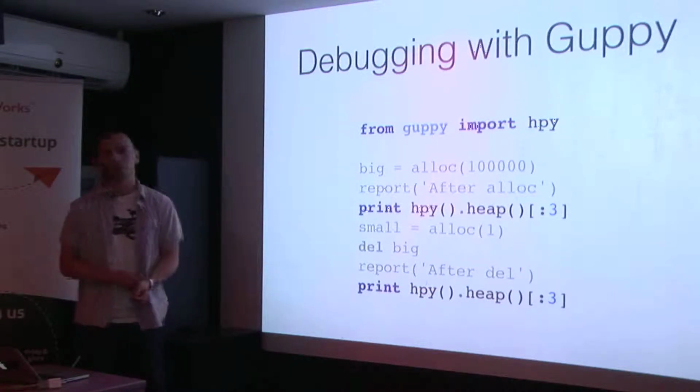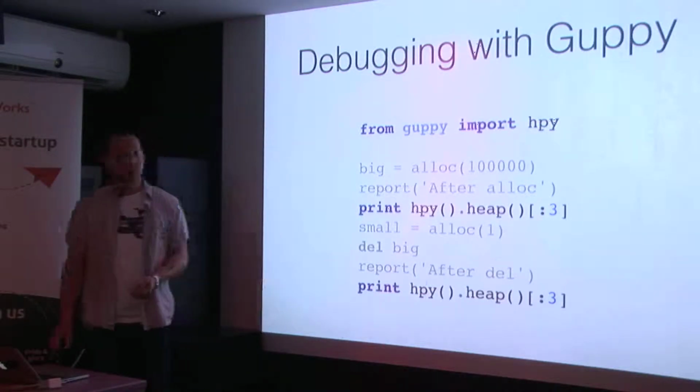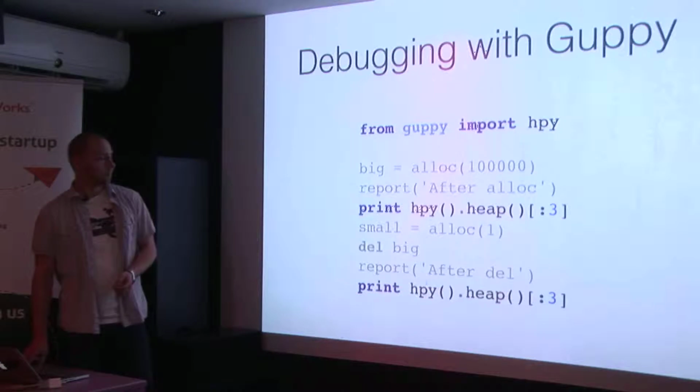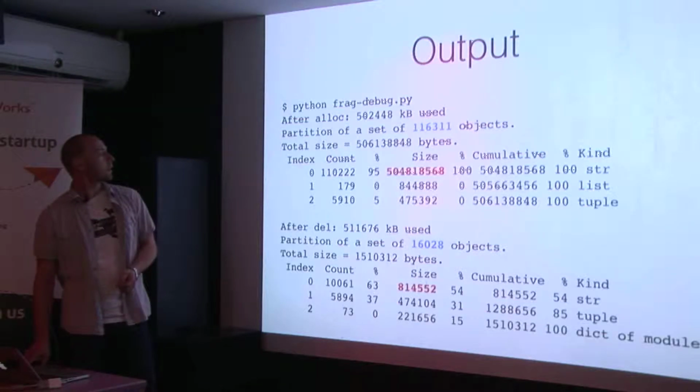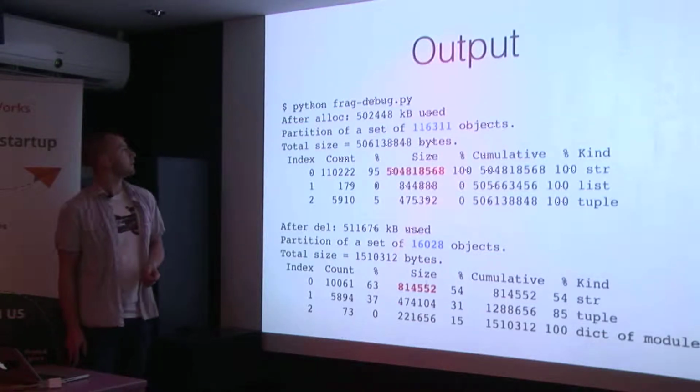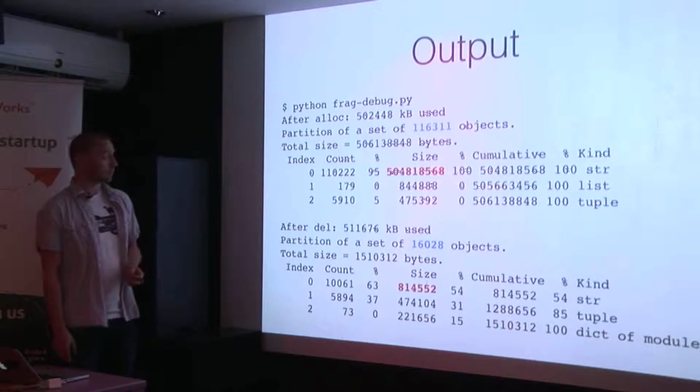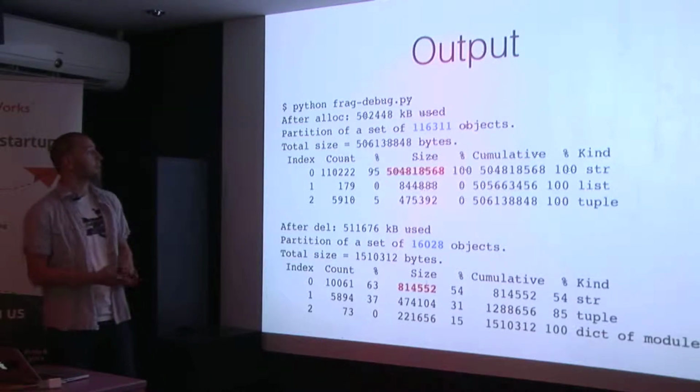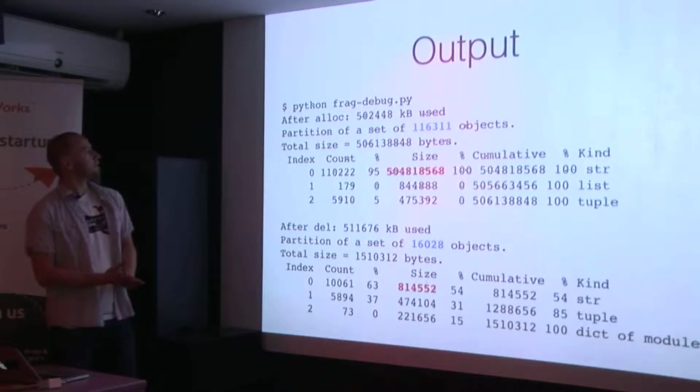The heap is by default sorted by memory usage, so you will have some happy output in there. This is how the output looks. I've edited it somewhat because it's dense, but yeah, this is how it looks.